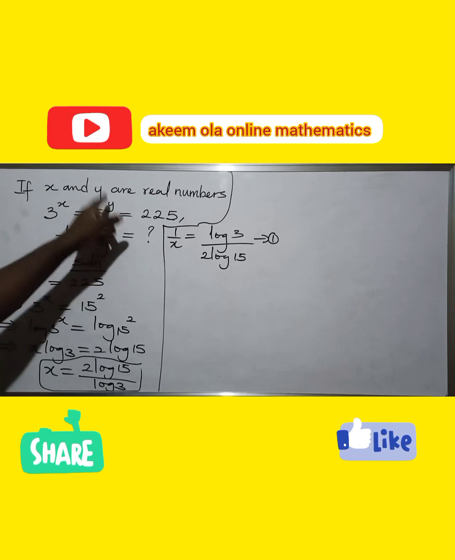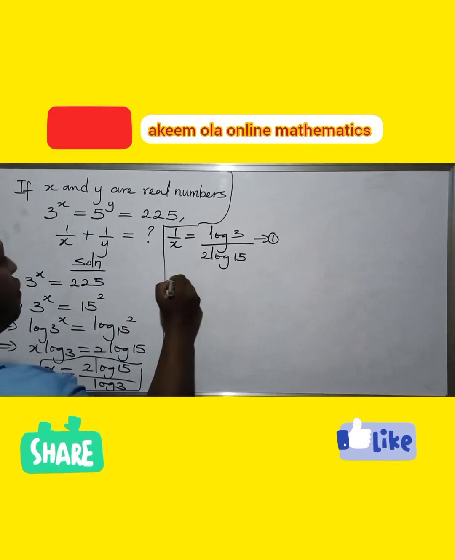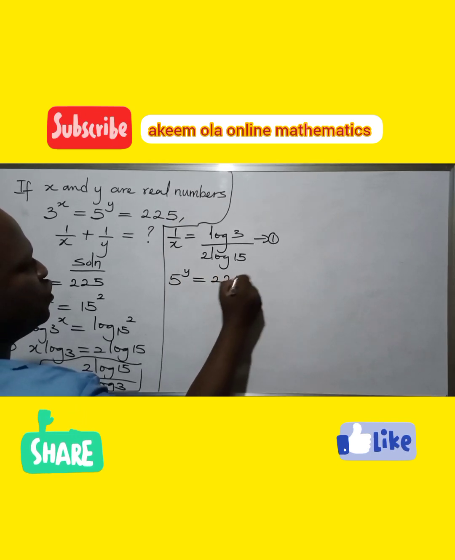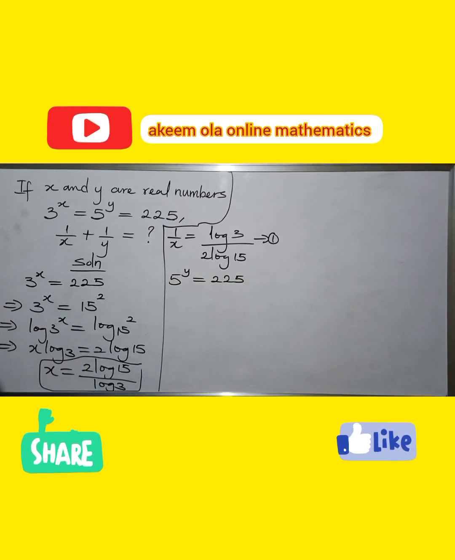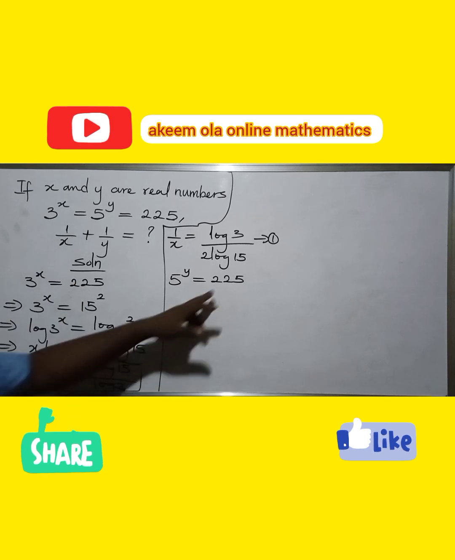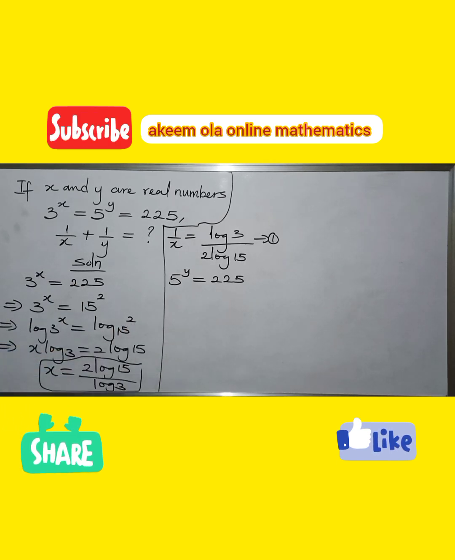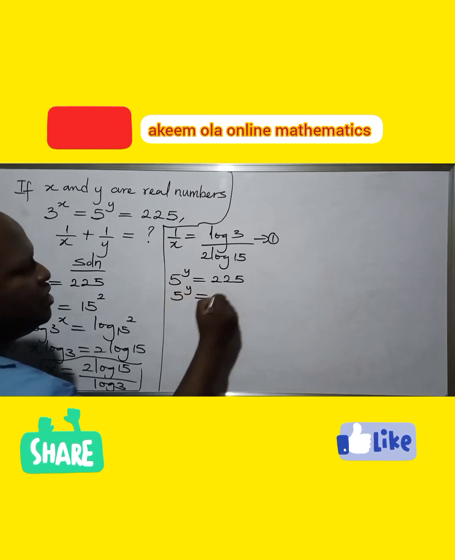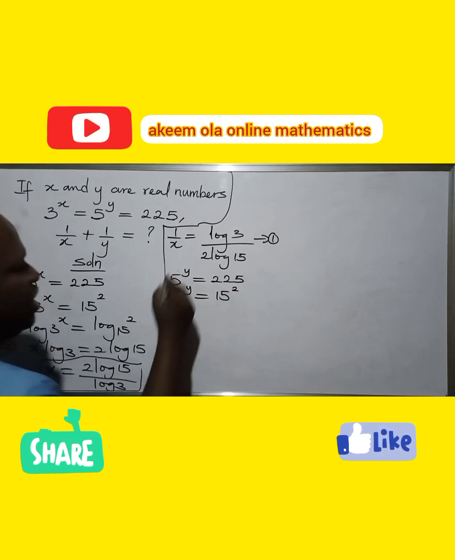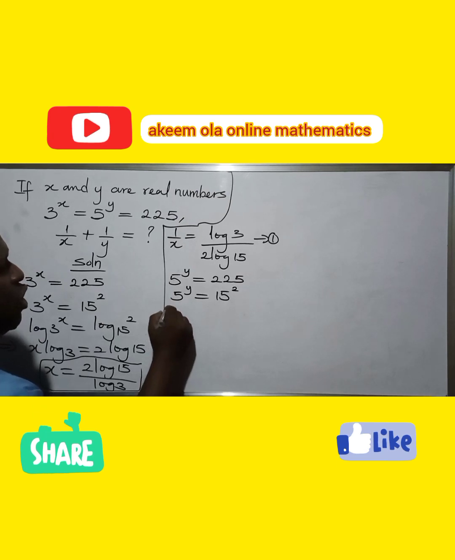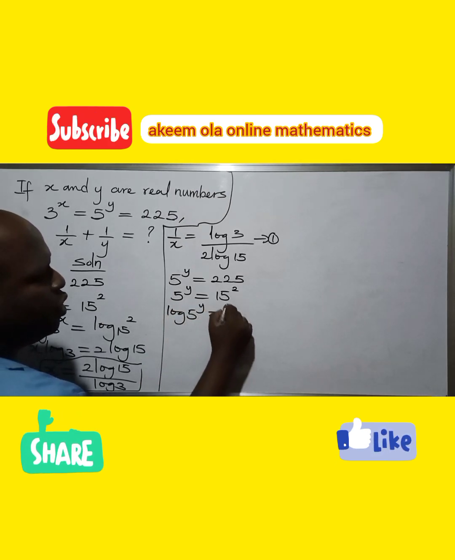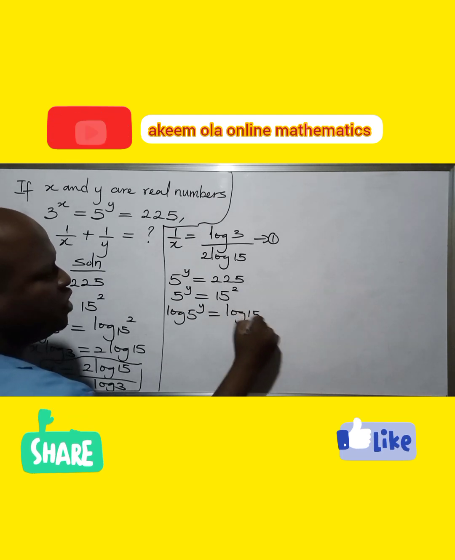Then I will do the same thing to the other side too. That means I will have 5 raised to power y equal to 225. Everything I did to the first one, the same process, I'm going to repeat it here. That means I'm going to have 5^y equal to 15 square. Take the log of both sides, log 5^y is equal to log 15 square.